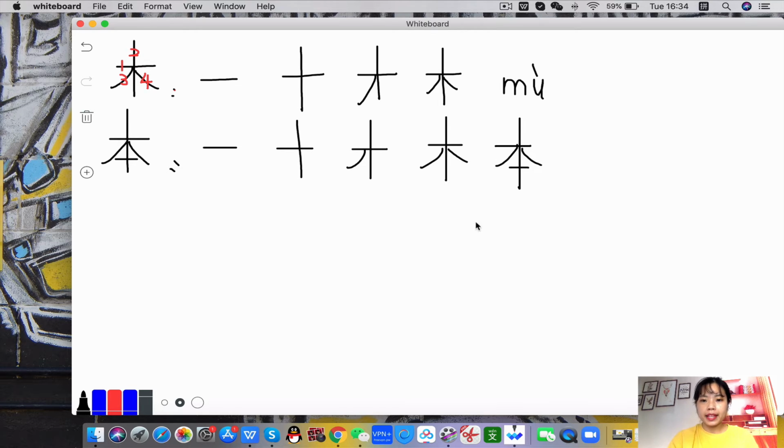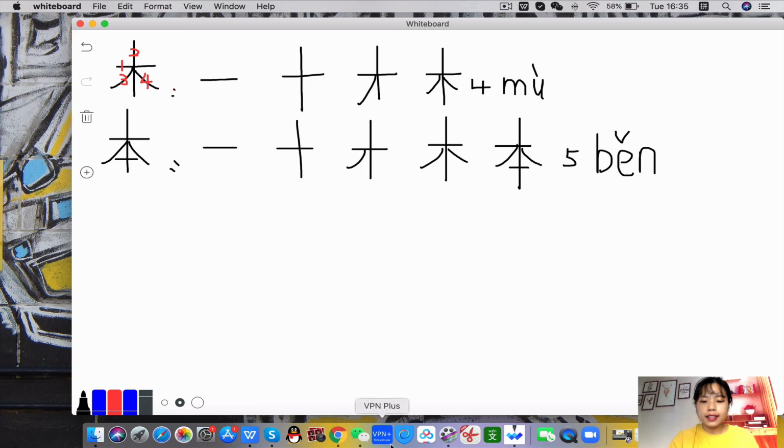So this we call 本, 书本的本. Okay, this has 5 strokes, right? This is the first, 1, 2, 3, 4, 5. So this has 5 strokes. This has 4 strokes.